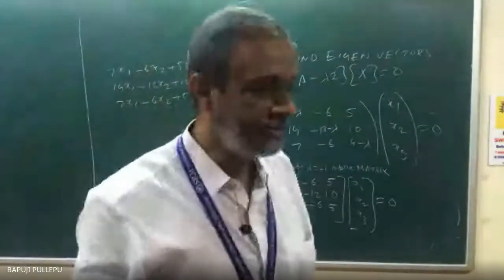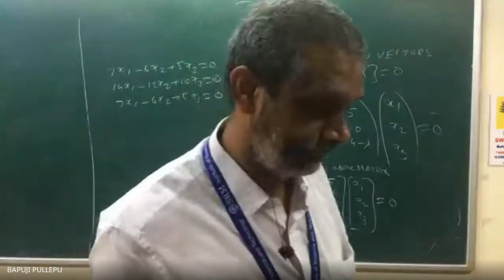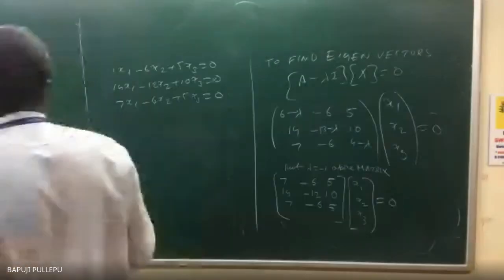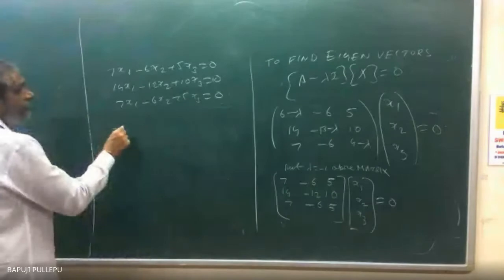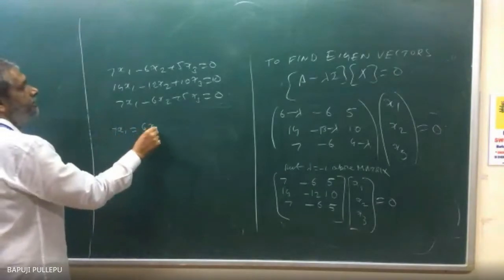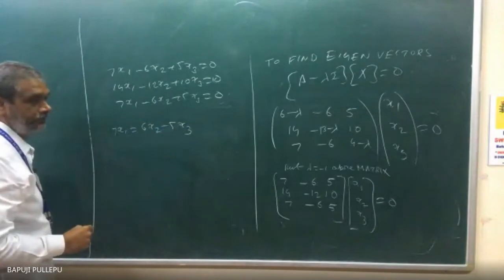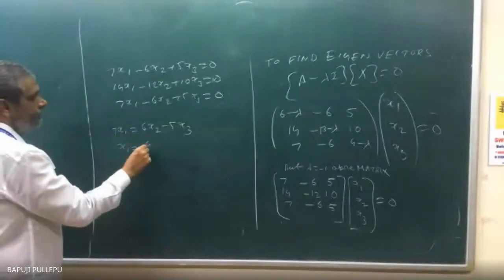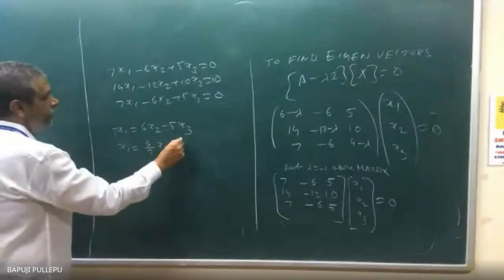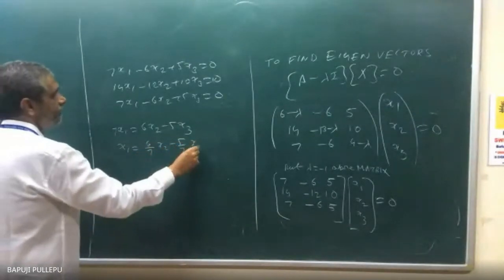Now three fellows are same or not? Yes, sir. Now take the first equation: 7x1 is equal to 6x2 minus 5x3. Are you agree? Now x1 is equal to 6 by 7 x2 minus 5 by 7 x3.